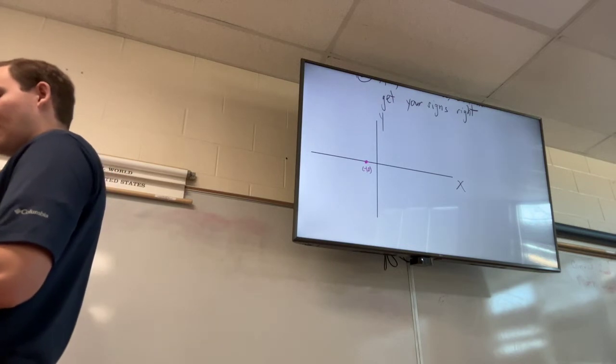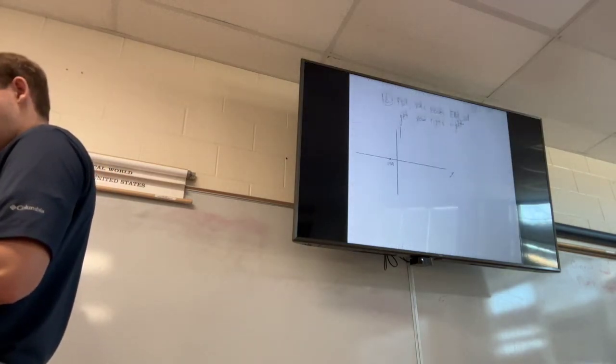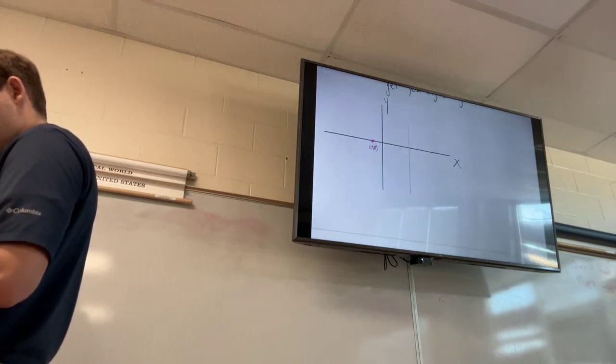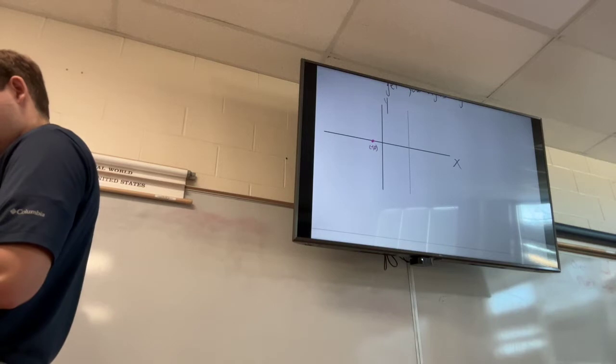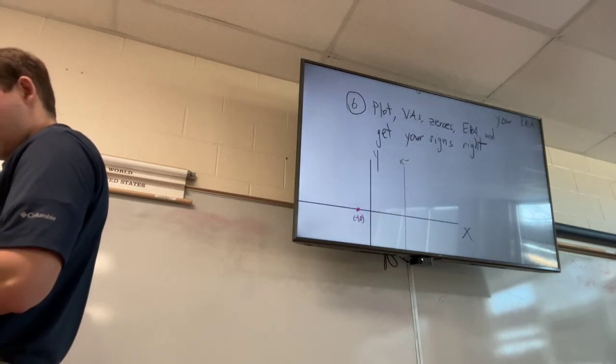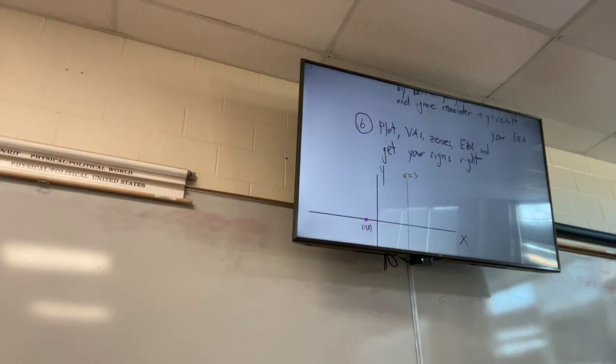I'll draw this with a vertical dashed line. X equals 3. What's my EBA? I'll use a red dashed line for that. I want to emphasize it's y equals 1. For your end behavior asymptote, make sure it's a line like this.